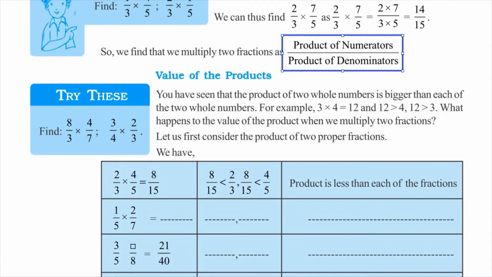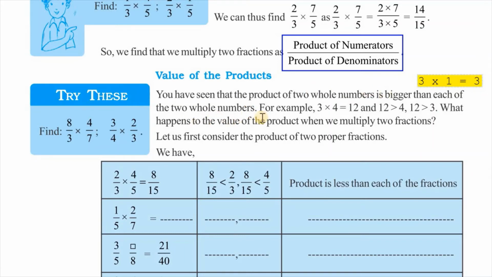So what I mean is, the example that is given as 3 into 4, what if you do 3 into 1, which is equal to 3? So in this case, the product is the same value as 3, but greater than 1.